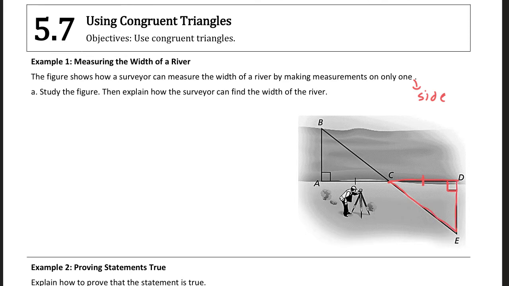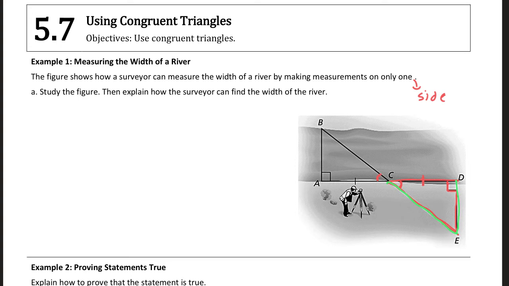So, as long as I measure my segment and I create a right angle, it really doesn't matter what the angle is right here by point C, because when this segment, and I'll trace it with green, meets this segment, the length of DE is the length of the river. And the triangles I create are going to be congruent by ASA.